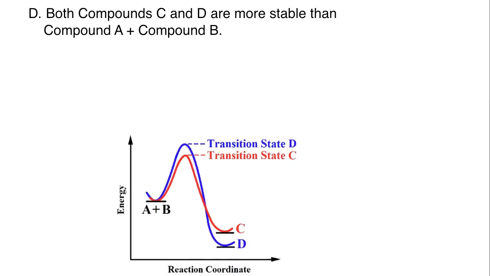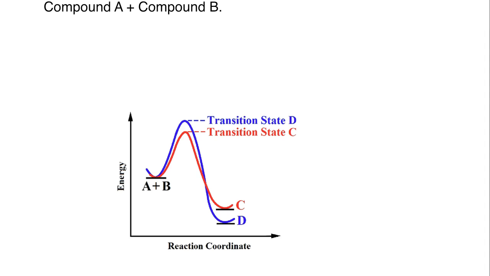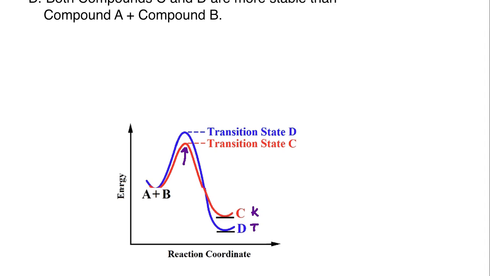And if we come down and we look here, transition state C is lower on the transition state energy required than D. So it will likely form faster than product D will. But product D is going to be more stable than product C because it's lower in energy. So this is going to be the kinetic product, C, and then D is going to be the thermodynamic product.